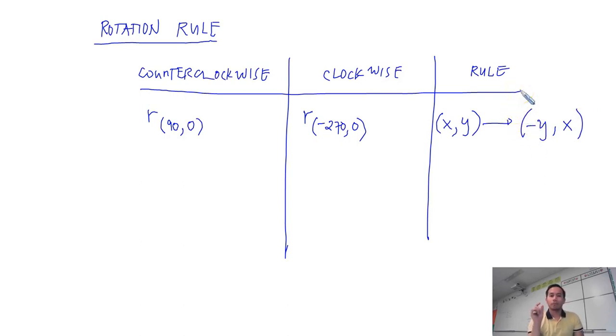The negative indicates that you get the opposite of the value of y. If y is positive, it becomes negative, and if y is negative, then y after the rotation will be positive.